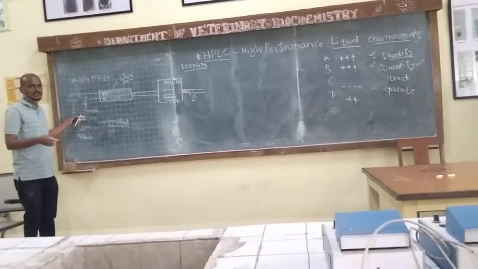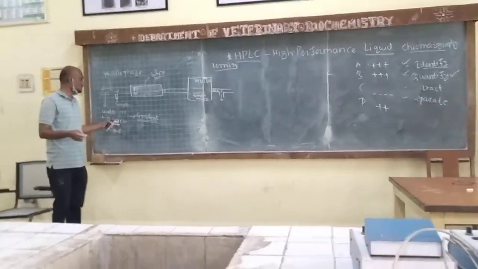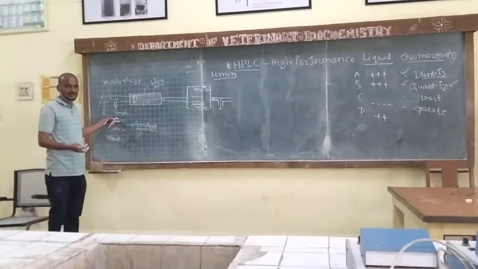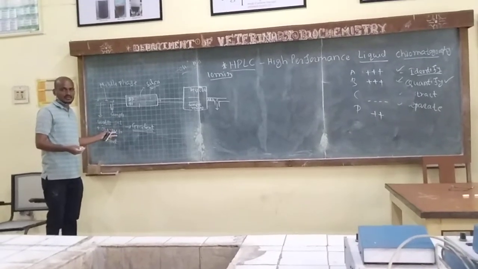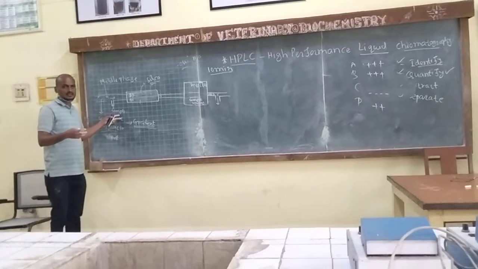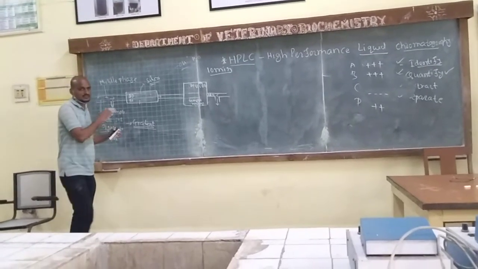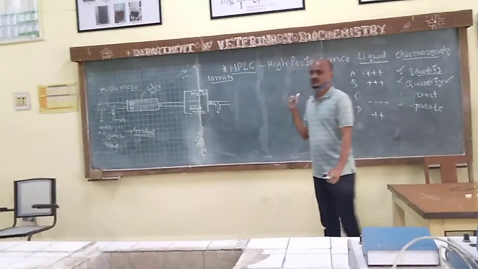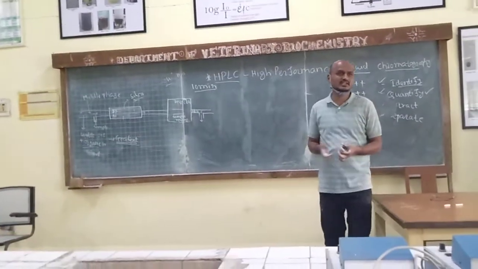Now we take, say, 90 ml of water and 10 ml of organic solvent. After some time, we can create 80 ml of water and 20 ml of organic solvent. At the end, you can create 80 ml of organic solvent and 10 or 20 ml of water. Like that, slowly, based on the property, the elution will change and the compounds will get eluted.